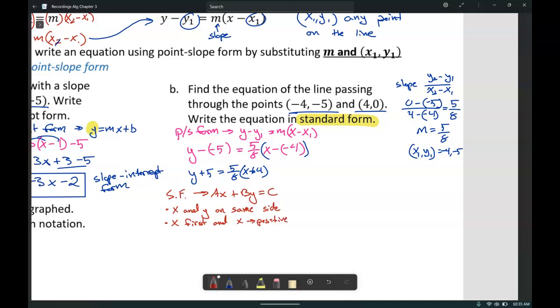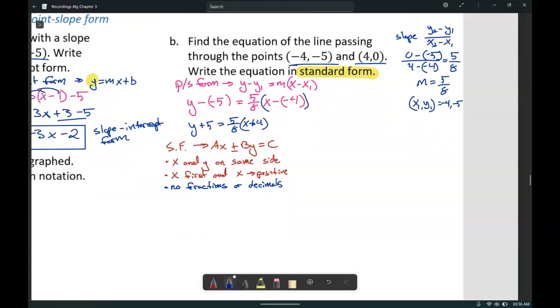So we could either be adding the y term or subtracting it, but we want the x term to be positive. And the last thing is that we typically don't like fractions or decimals in standard form. We like to have integer values for a, b, and c, even though they're allowed to be real numbers. When we're writing it, it typically makes it a little bit easier if we consider it without the fractions.